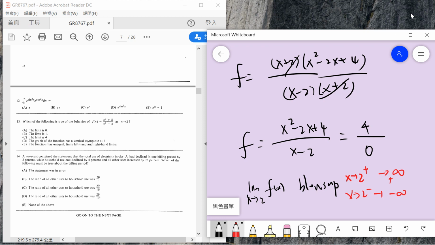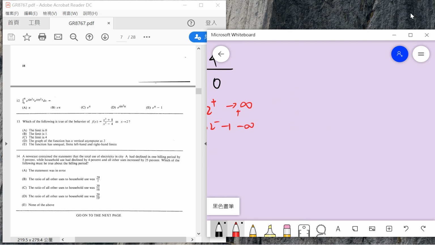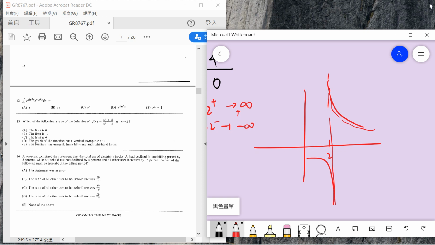This is okay because vertical means straight. Okay. The function has unequal finite left-hand and right-hand limits.